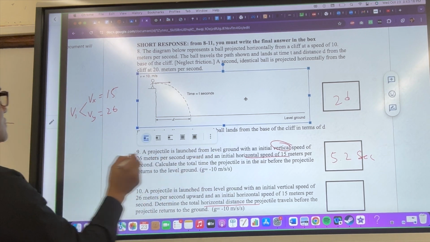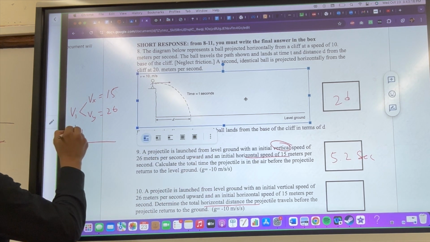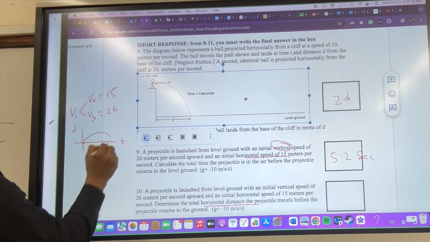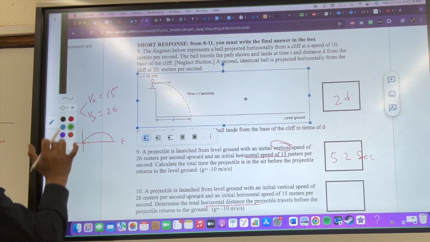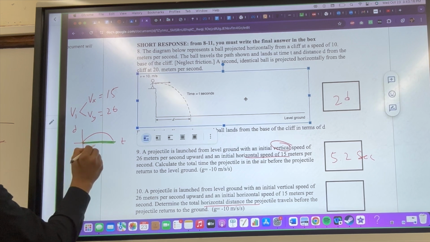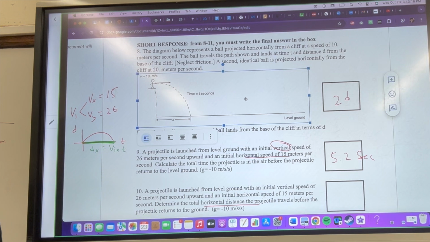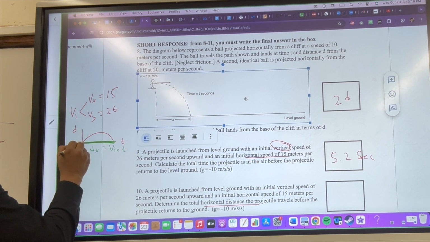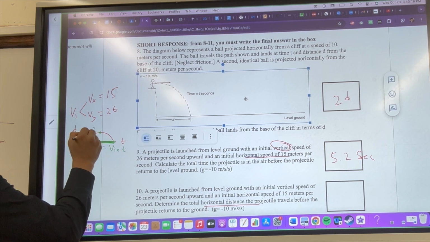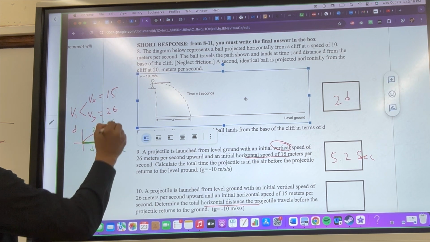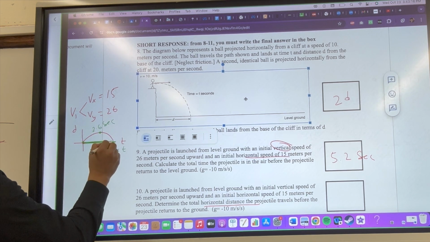A projectile is launched, right? So you are trying to find the dx. So dx is Vix t. All right. So how long did it take? From here to here, it takes 2.6 seconds. From here to here, it takes another 2.6 seconds.